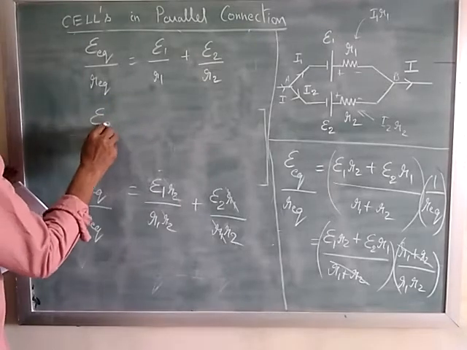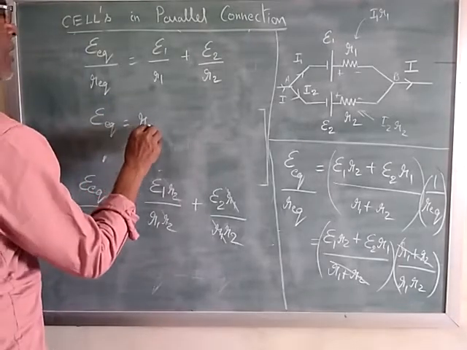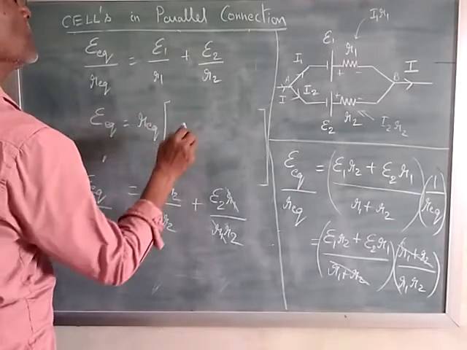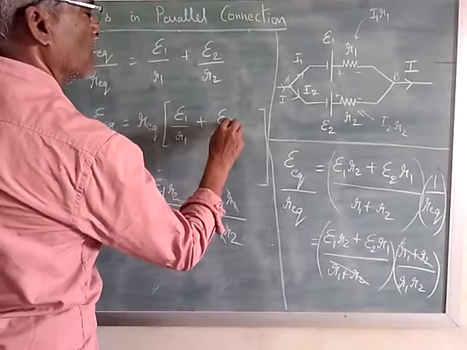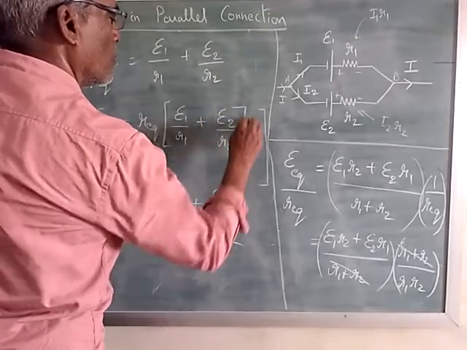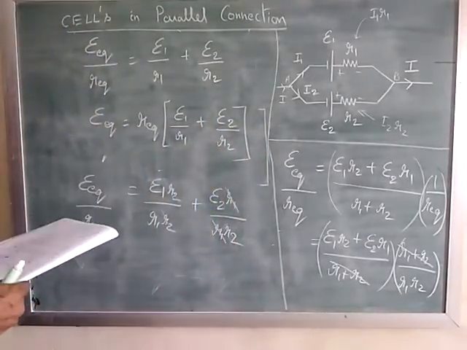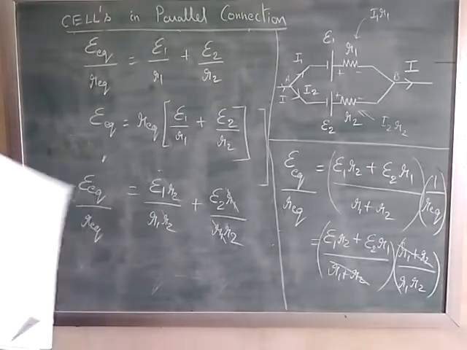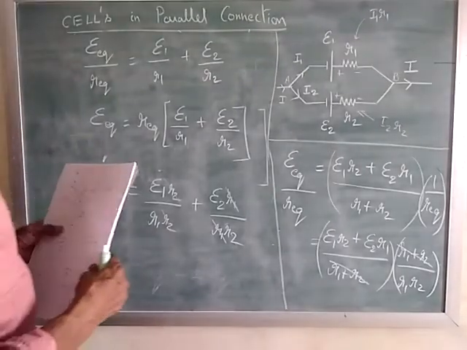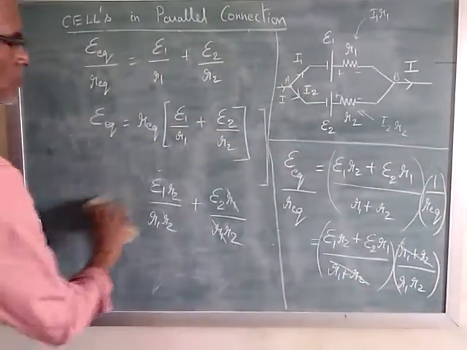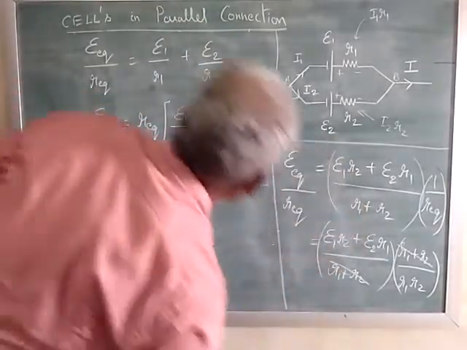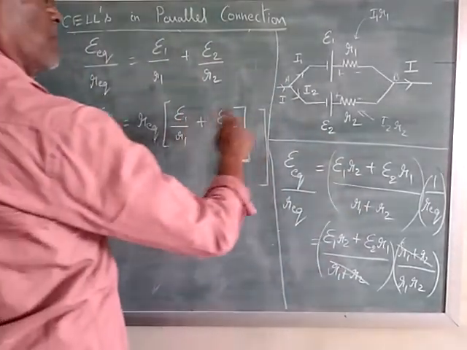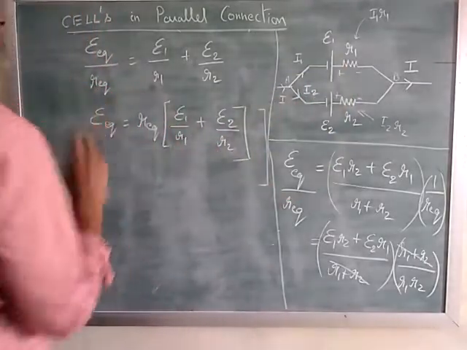So E equivalent is equal to R equivalent into (E1 by R1 plus E2 by R2). Okay. Next. So this is for two sources, E1 and E2. This is the formula.